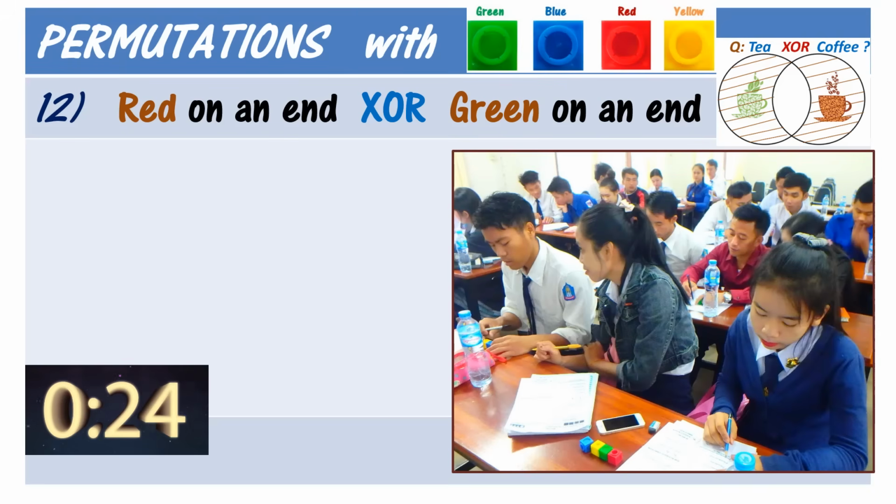Red on an end, XOR green on an end. We can have red on an end or green on an end, but not both, as the diagram illustrates.